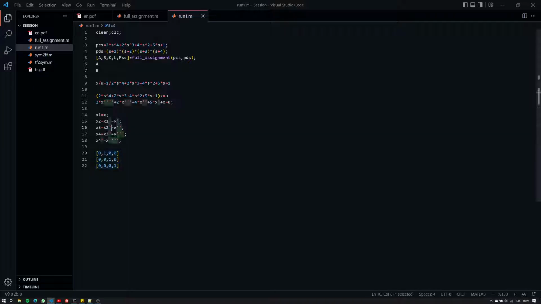Why? Because we have x2 derivative equals x3. x1 derivative equals x2. So x1 derivative, x2. x2 derivative, x3. And so on and so forth. But the last one, the last row in the A matrix, will be all about the actual differential equation that we look at.